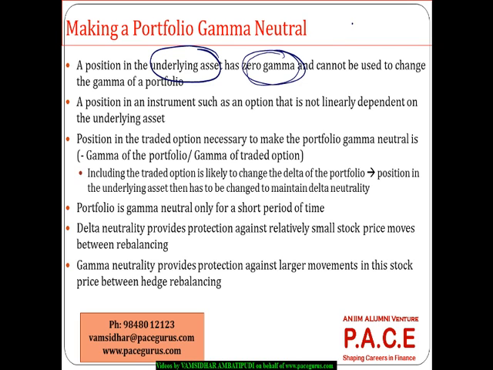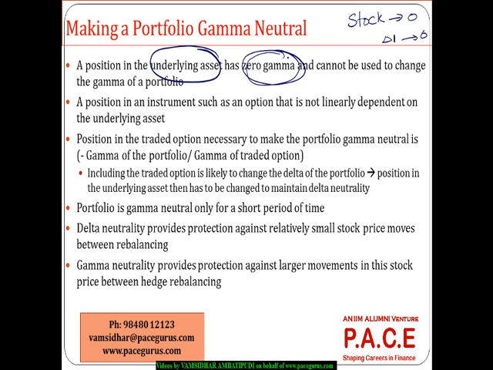So I cannot use the underlying asset for making my portfolio gamma neutral, because every underlying asset, the stock, will have a gamma of 0, because delta is always 1. There is no change in delta. So the gamma will always be 0. So that underlying asset can never be used to make the portfolio gamma neutral.